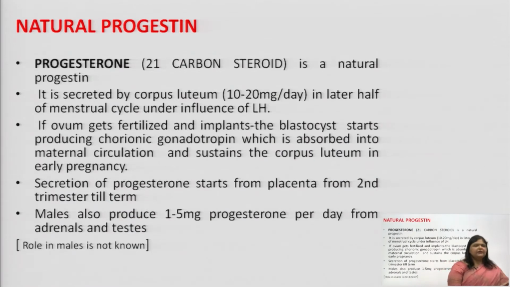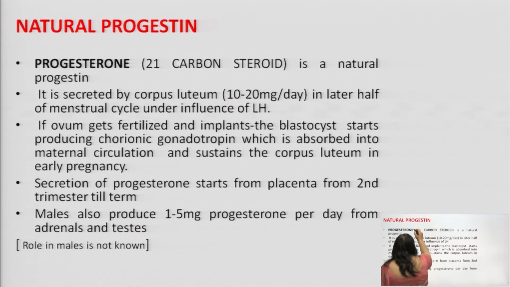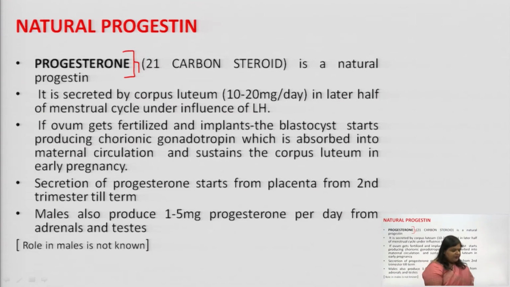Now, what are these natural progestins? Natural progestin is progesterone. From where is it secreted? It is secreted by the corpus luteum in the later half of the menstrual cycle under the influence of luteinizing hormone.